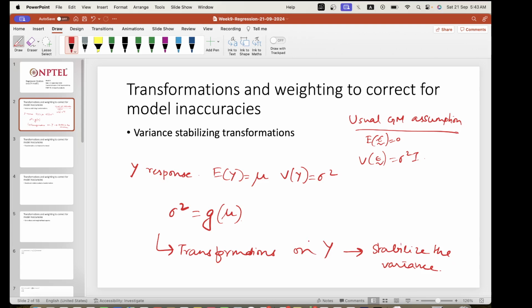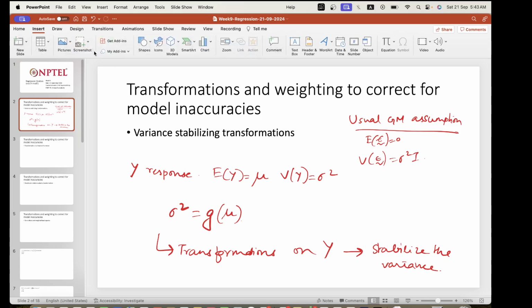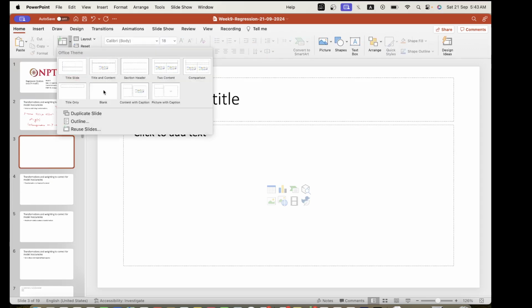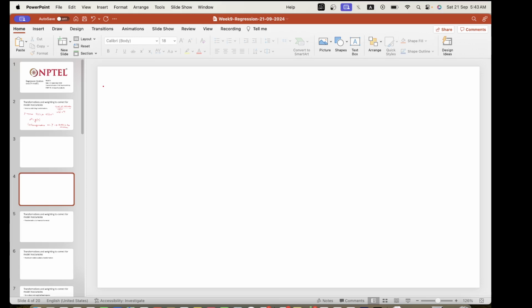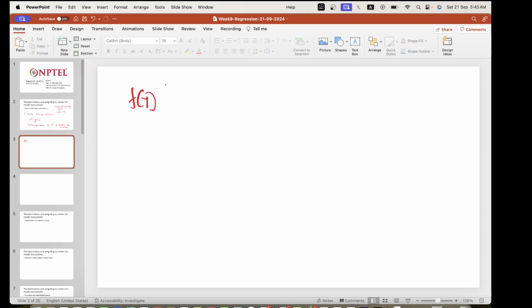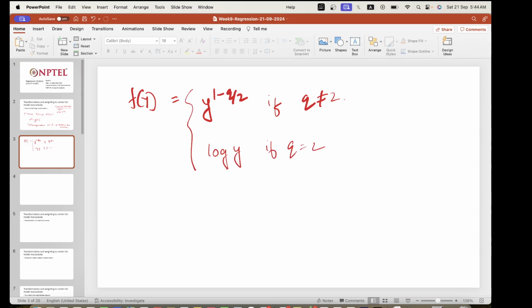So we have learned a generalized form. We have the transformation f of y equal to y to the power 1 minus q by 2 if q is not equal to 2, and log of y if q equal to 2, given that g mu is equal to k mu to the power q.